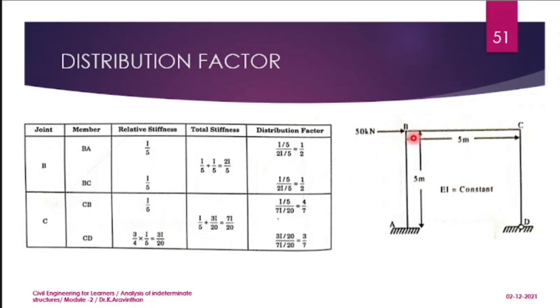The distribution factor is nearly 0.5 for BA and BC, and at joint C you have 4 by 7 and 3 by 7.